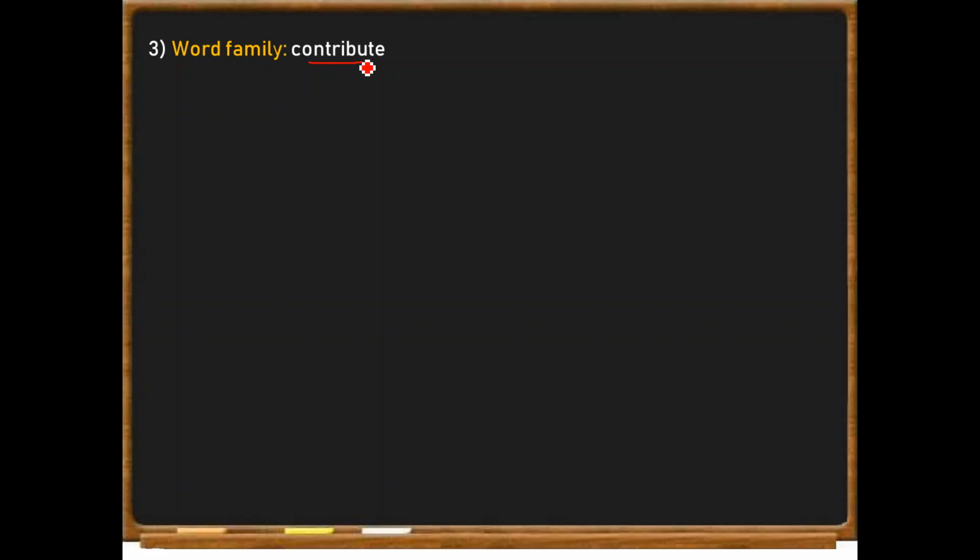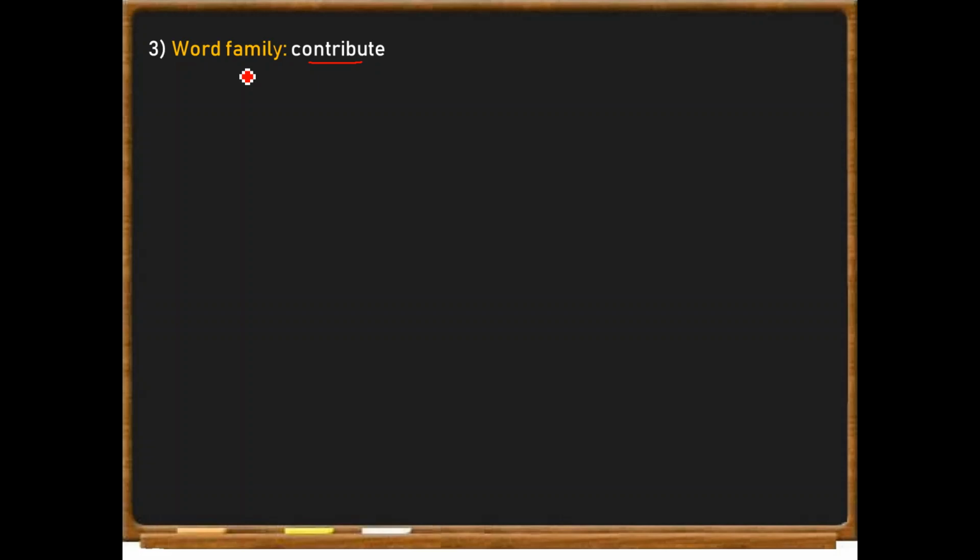when we were reading the text previously. So it means يساهم, which is a verb. And if you can remember, I asked you to find the adjective and the noun from the verb contribute. استخرجنا الصفة واستخرجنا الاسم من كلمة contribute يساهم. Okay. Now, word family means a group of words from the same root.